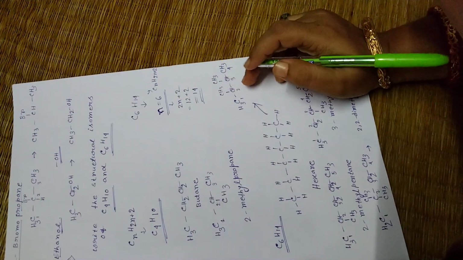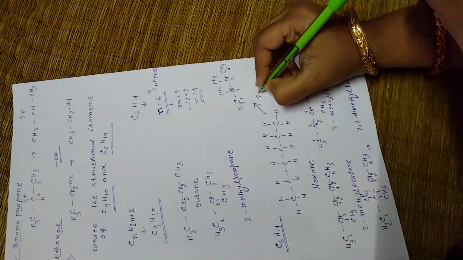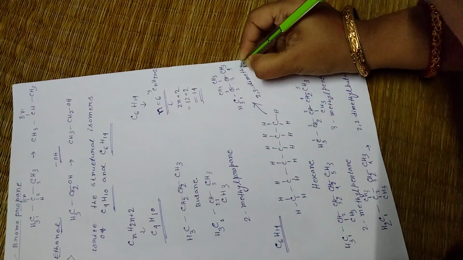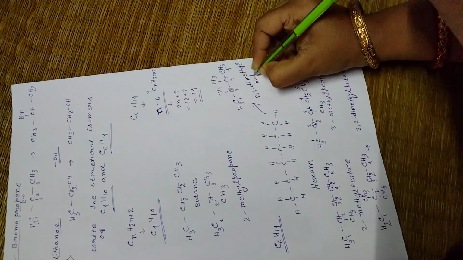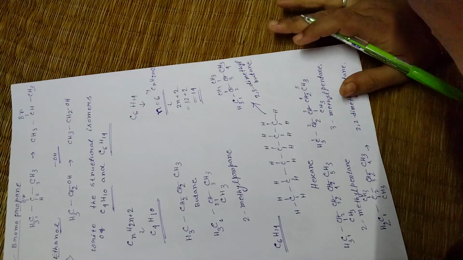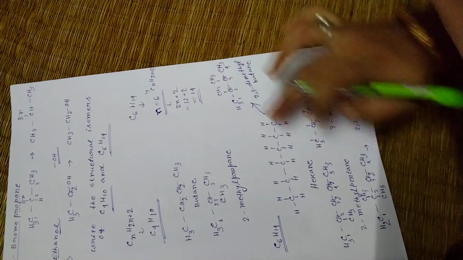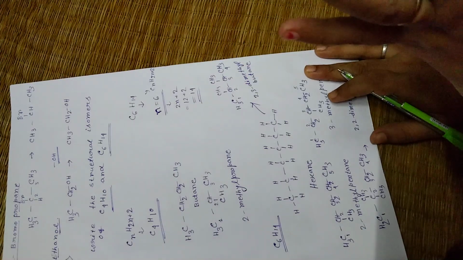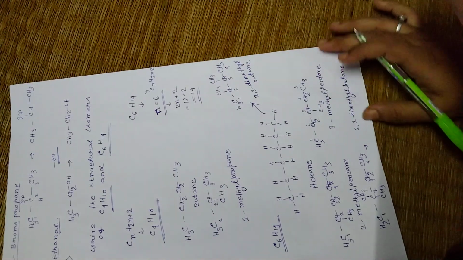So 2 substituents are at 2 and 3 positions, so 2,3 dimethyl butane. Okay, so 5 isomers can be drawn. Okay, this is up to this video.